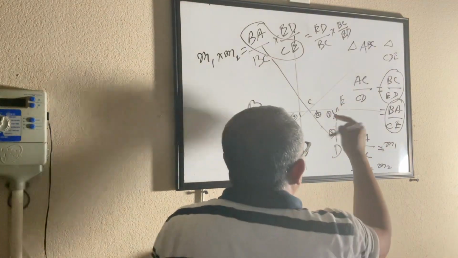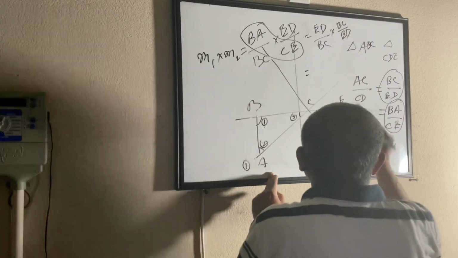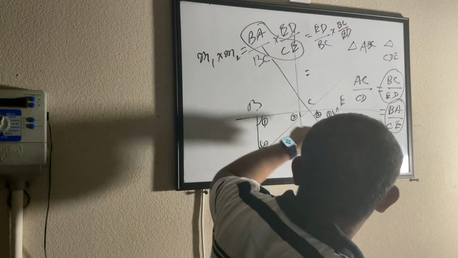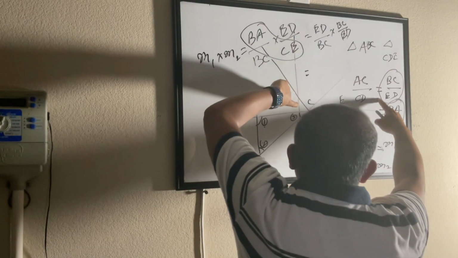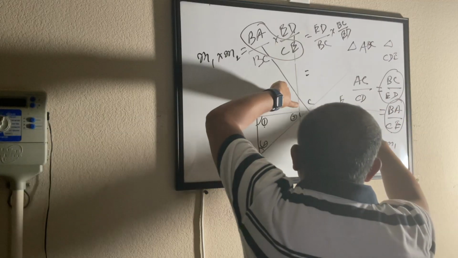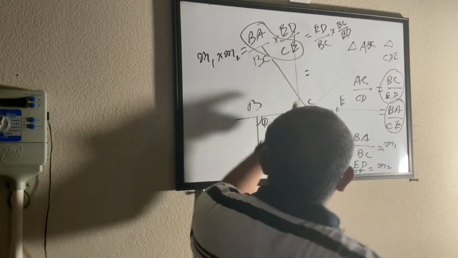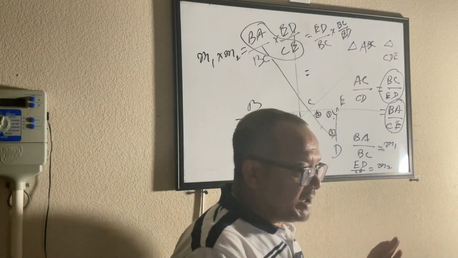So you can write this as, what did I do? When I looked at BC over ED. So here your ED, we are now looking at the coordinate plane.